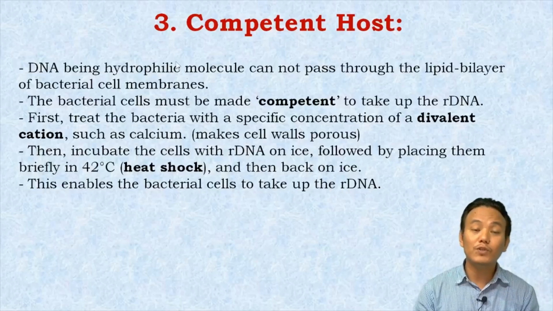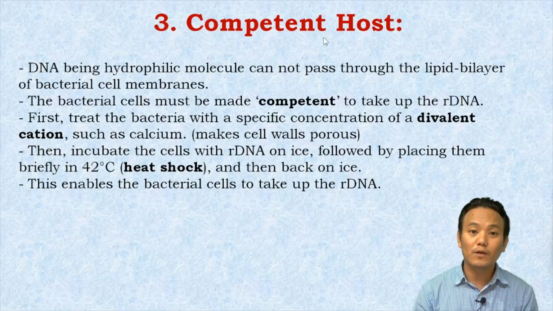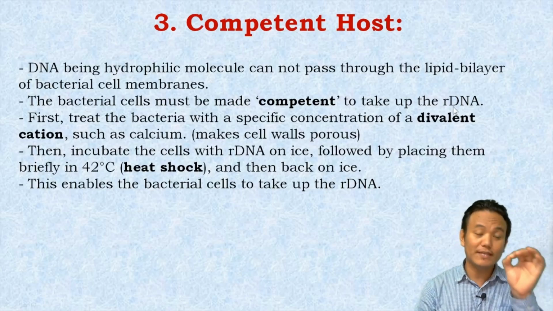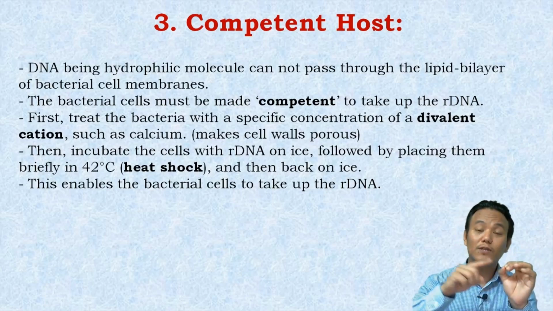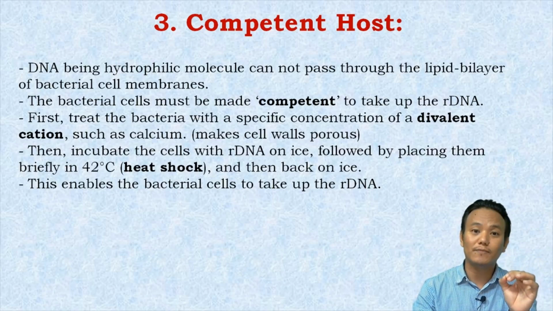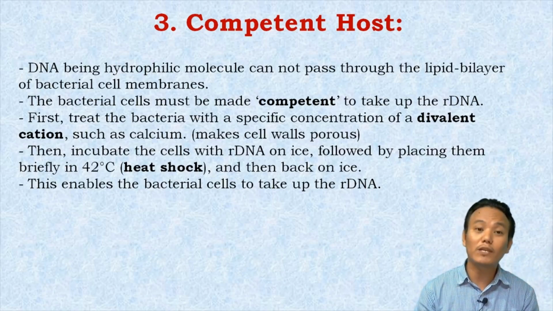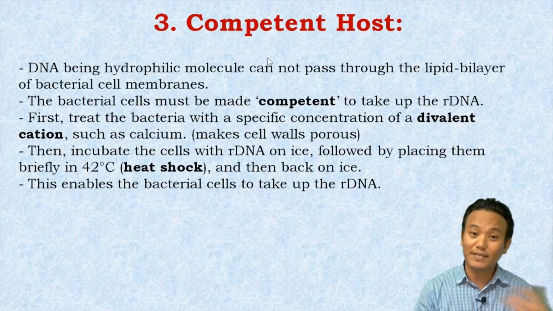The third important tool in recombinant DNA technology is a competent host. A competent host is a host organism which readily takes up recombinant DNA. After we create a recombinant DNA, we need to insert this recombinant DNA into a host organism. The most commonly used host organisms are bacterial cells, especially E. coli bacteria.